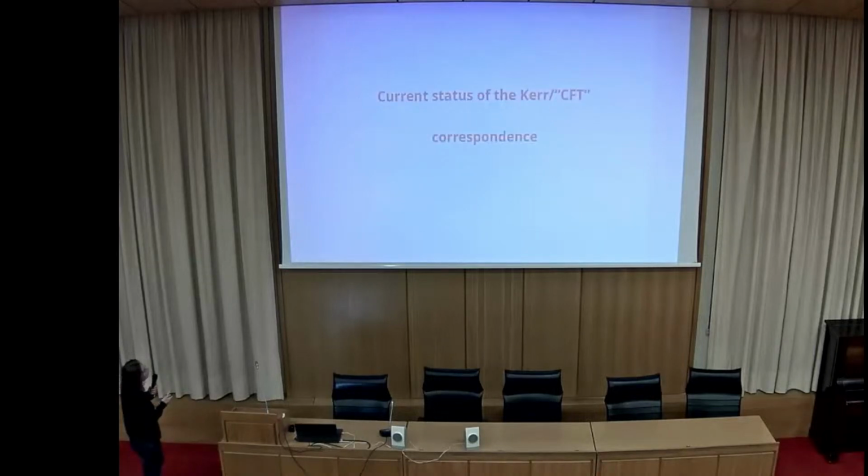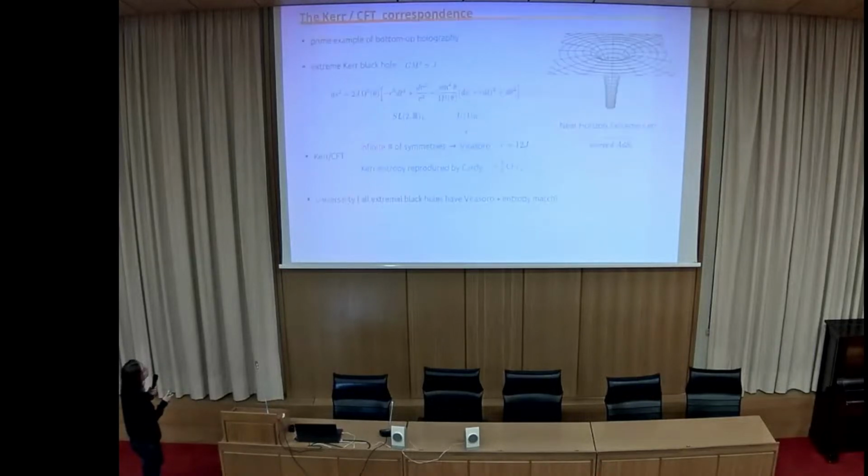Okay, so let me just briefly talk about Kerr/CFT. The Kerr/CFT correspondence, one can say, is an example of bottom-up holography. You knew nothing about the space-time, and then you come up with methods, asymptotic symmetries, and so on, and propose something. So one looks at the very near-horizon region of an extremal Kerr black hole.